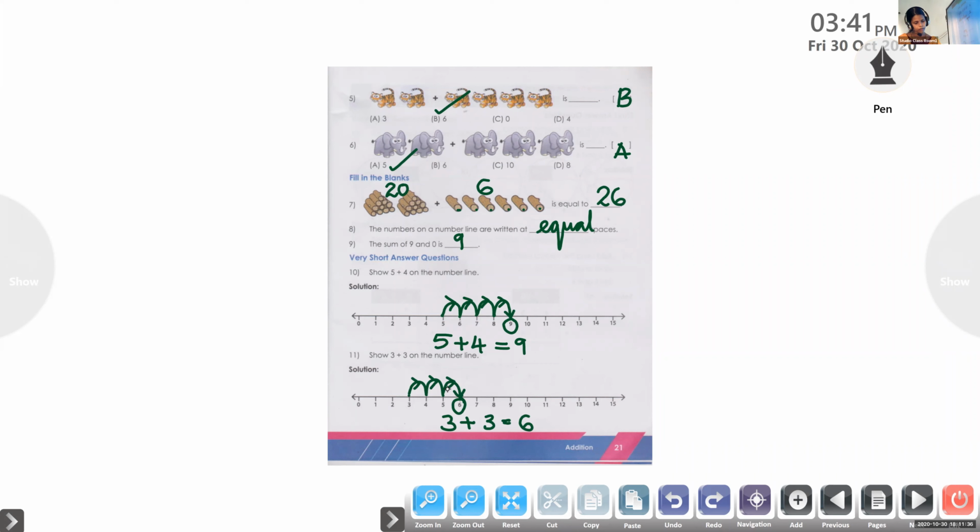Anurag, you have completed, please take 22 and read the question to us.